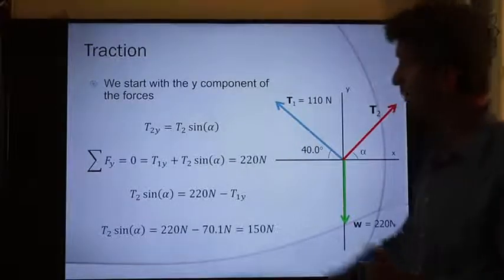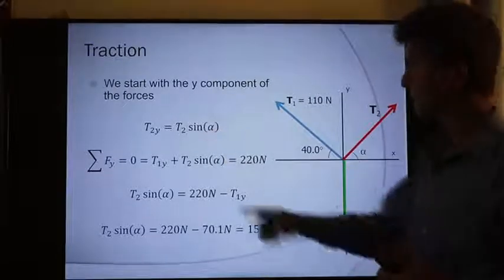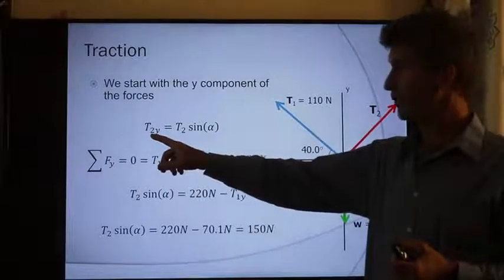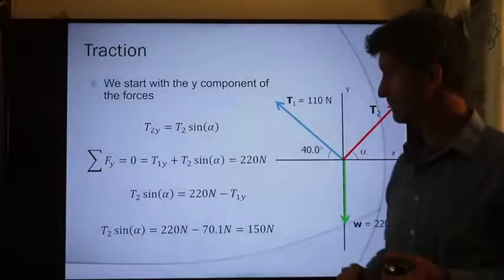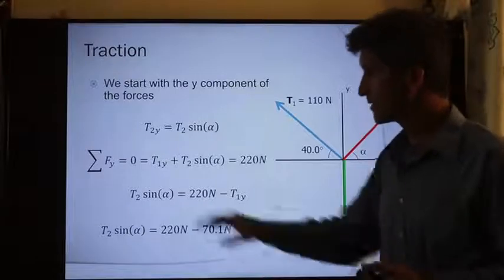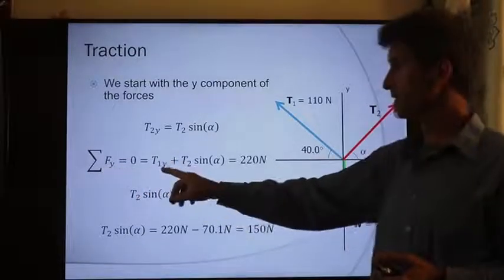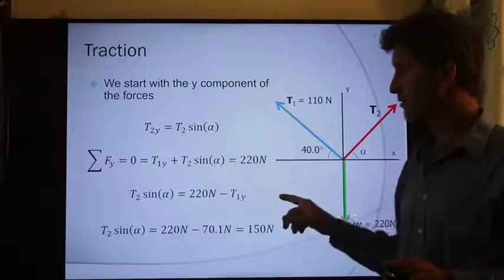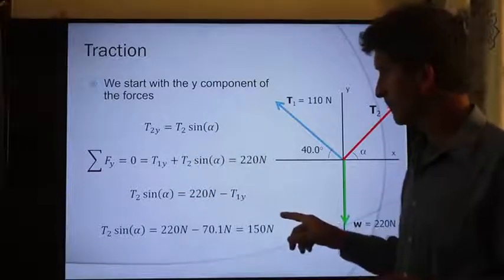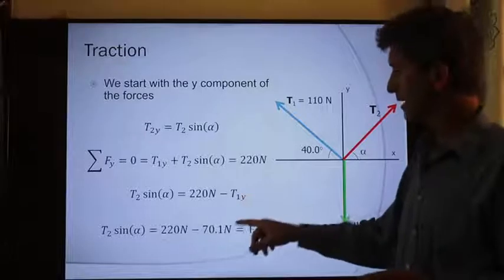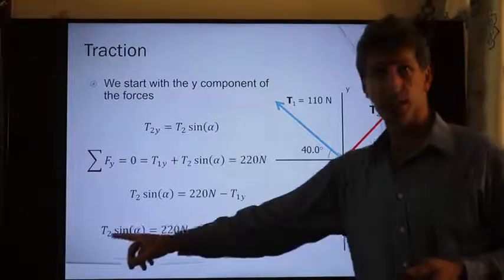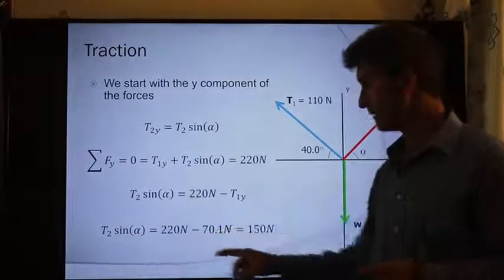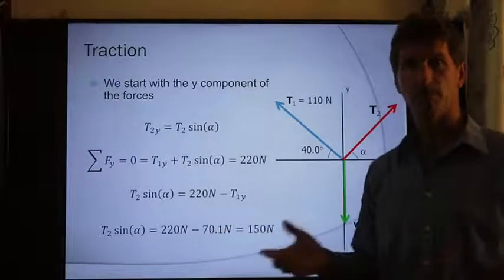We know that for the unknown force, T2, the y component is T2 times sine alpha. Okay? So if I do the sum of the forces in the y direction, I get T1y plus T2 sine alpha equals 220. We know what T1y is, so we can plug that in here. So T2 sine alpha equals 150.